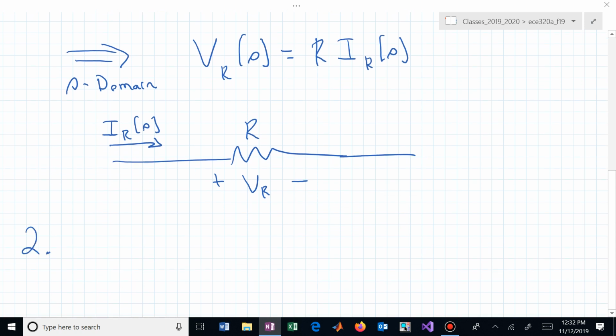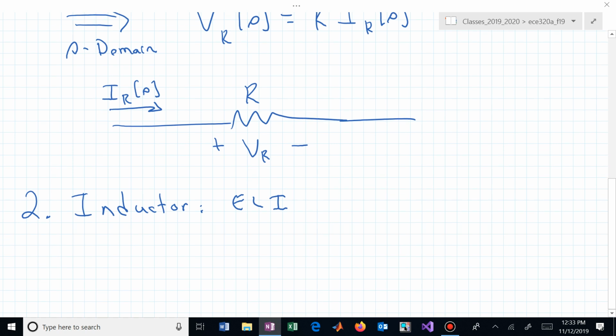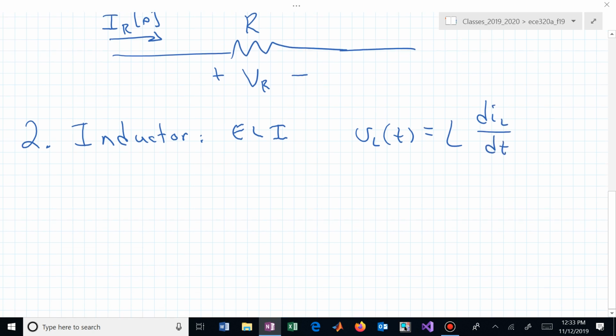Let's now go into the inductor. ELI allows us to say that the voltage is proportional to the time rate of change of the current in the inductor, which now allows us to get a little bit more interesting relationship between the time domain and frequency domain.